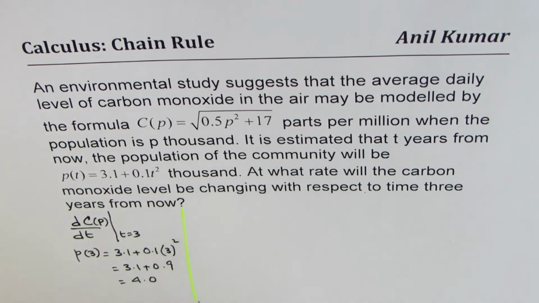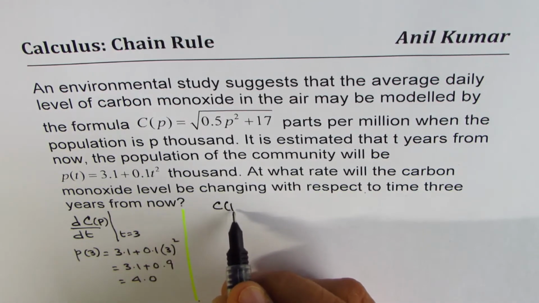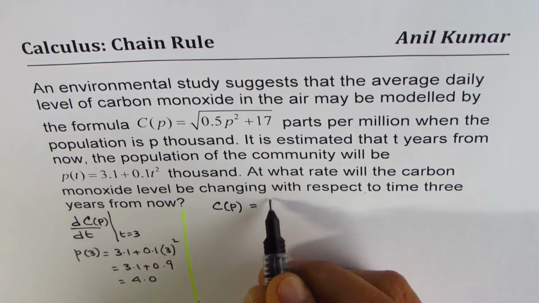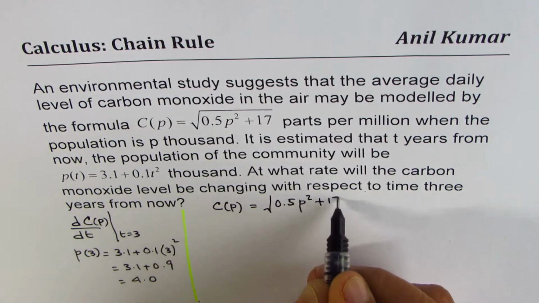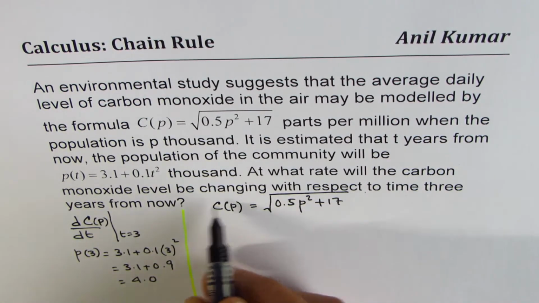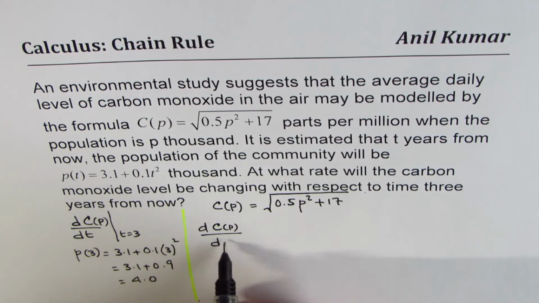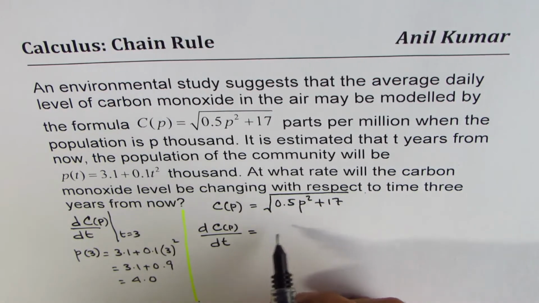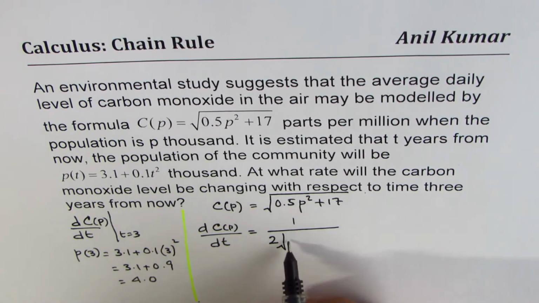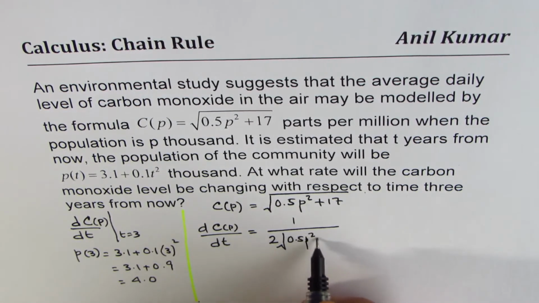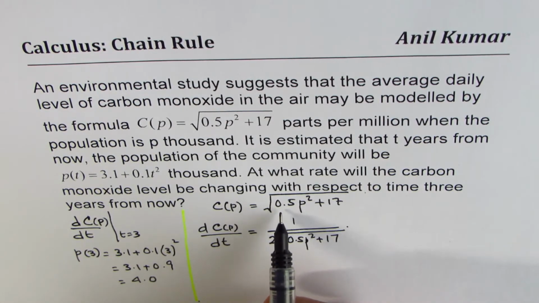So let's begin by finding the derivative of the function itself. So we are given the function with respect to population growth, square root of 0.5 P squared plus 17, right? So if I differentiate this with respect to time, I get dC/dt equal to, the square root function derivative is 1 over 2 square root of 0.5 P squared plus 17, times the derivative of the inside function.